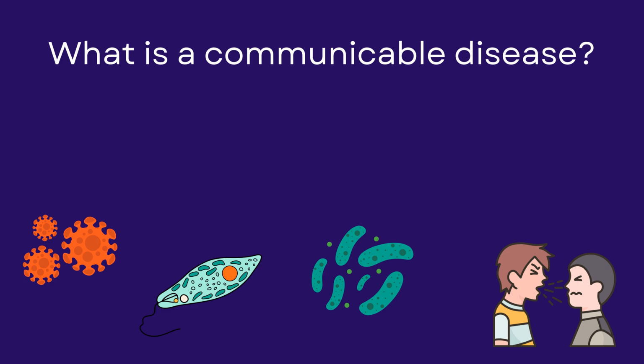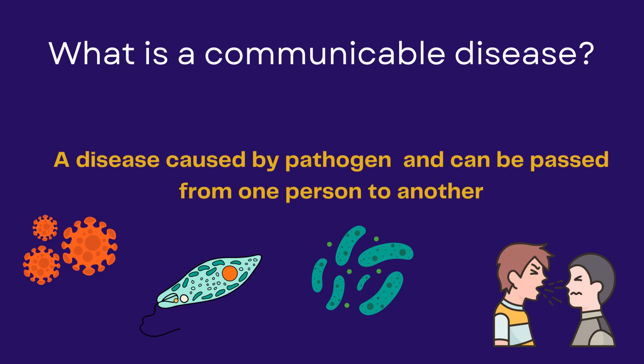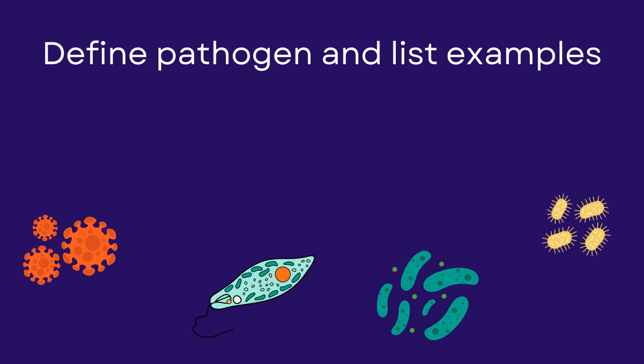First question, what is a communicable disease? Very good. A disease caused by pathogen and can be passed from one person to another. Define pathogen and list examples.